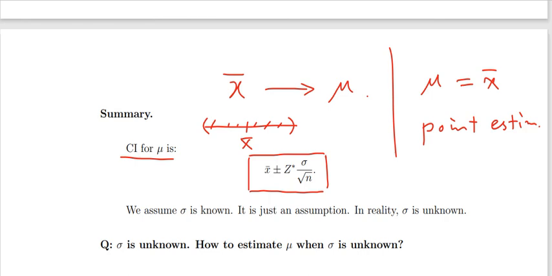Then we can find the confidence interval for mu. In a real situation sigma is unknown, right? So in our first class we just make things simple. We assume we know sigma, then we can do this calculation and estimate this mu.